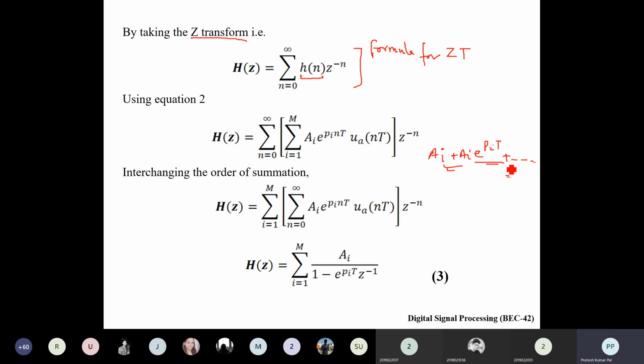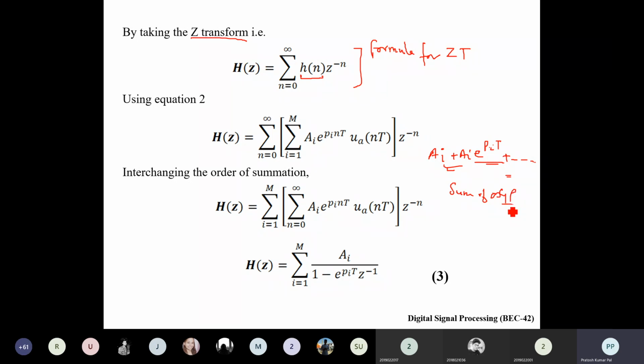From all the values Ai and e to the power Pi T into z to the power minus 1 will be considered. So the form 1 upon s minus Pi will be replaced by 1 upon 1 minus e to the power Pi T into z inverse.